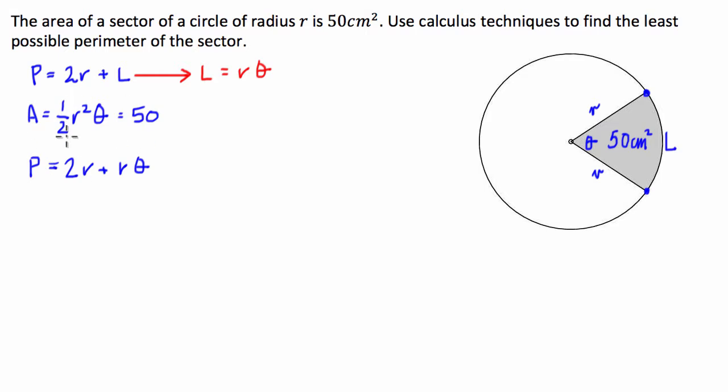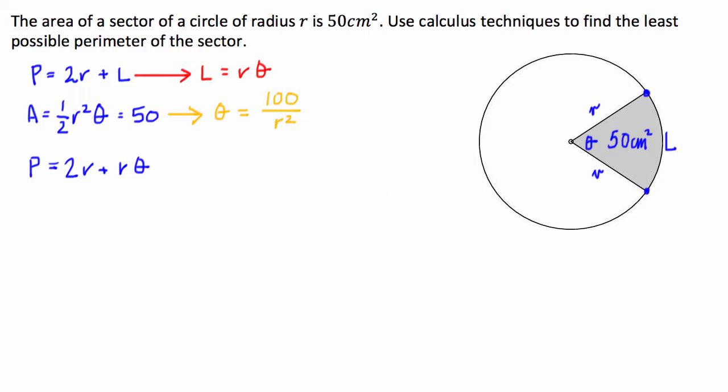Then I'm going to rearrange the area formula so we have theta in terms of radius. I'm going to take the half to the other side, and I get 100, so theta is equal to 100 divided by r squared.